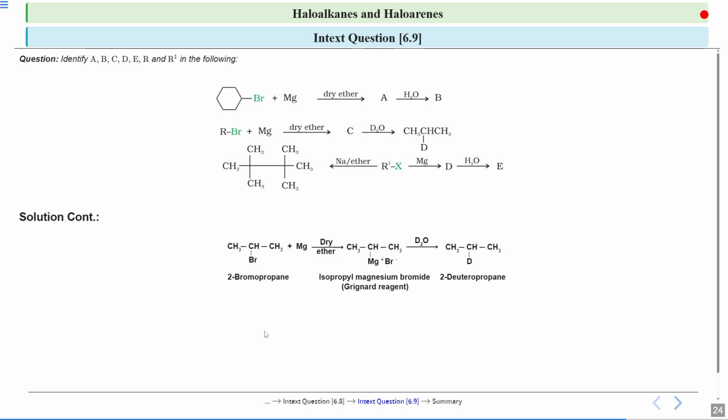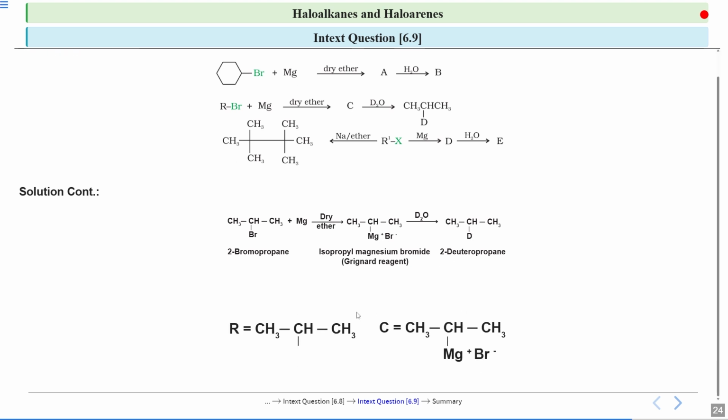So R is your CH3, CH, CH3 group, and C here is actually CH3, CH, Mg positive, Br negative, CH3. So C is a Grignard reagent, which is isopropyl magnesium bromide, and R is this isopropyl group.